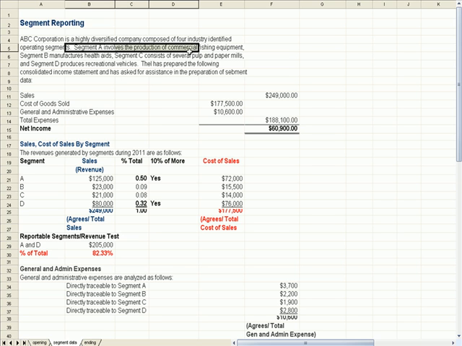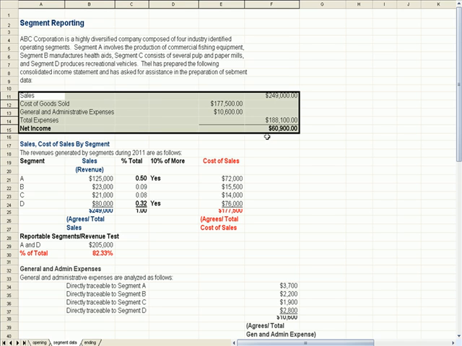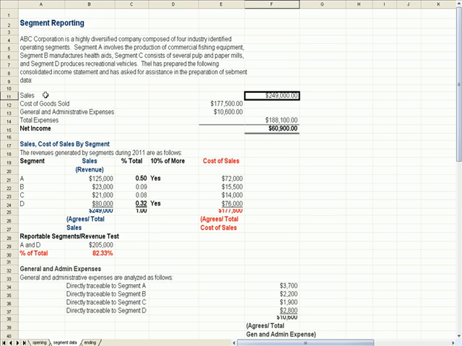A does commercial fishing, B is in the healthcare business, C is in the paper business, D is in the vehicle business. So in a very basic way, I provided some income statement information on sales, cost of sales, selling and admin, and total expenses.